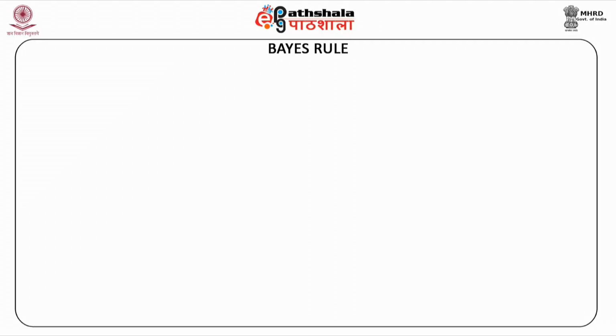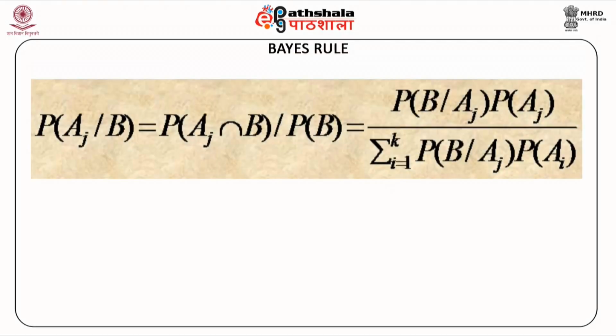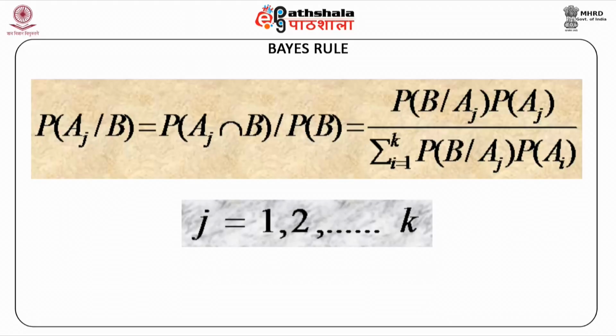Then, for any other event B which is known to occur as a result of the occurrence of the events Ai, and for P(B) greater than 0, the posterior probability of Aj, given that B has occurred, is probability of Aj given B is equal to probability of Aj intersection B upon probability of B, which is equal to probability of B given Aj into probability of Aj upon sigma probability of B given Ai into probability of Ai, i varying from 1 to k, for j varying from 1 to k.